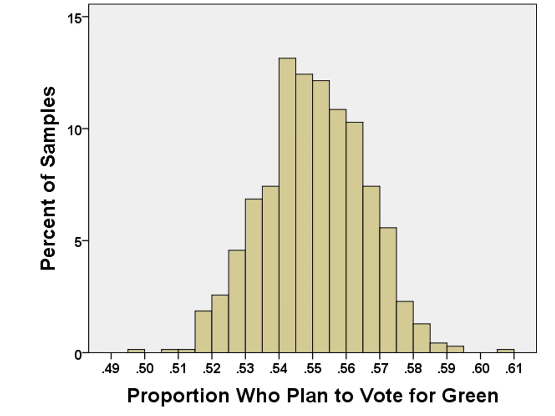The population distribution showed the proportion of individuals in the population who plan to vote for Christina Green. But the sampling distribution shows how many samples have a particular value of P, P being the proportion of voters in each sample who intend to vote for Christina Green.